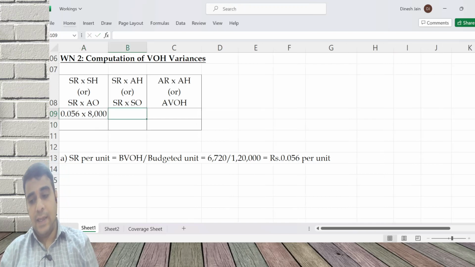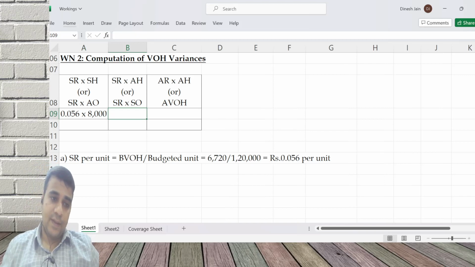That is SR into AO, 0.056, where AO is 8,000.